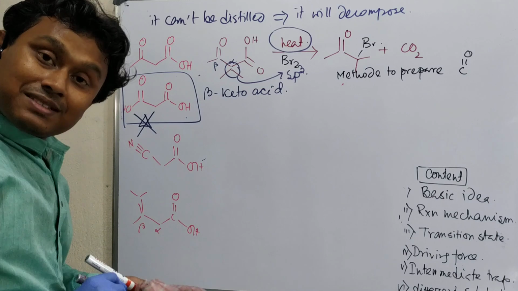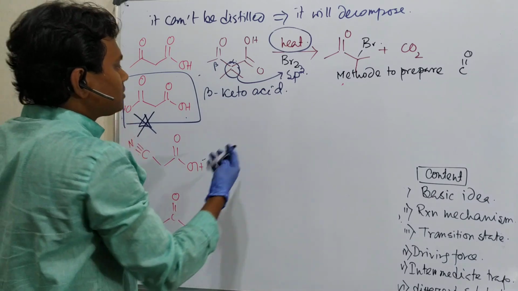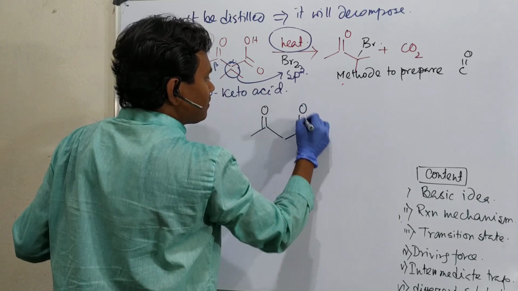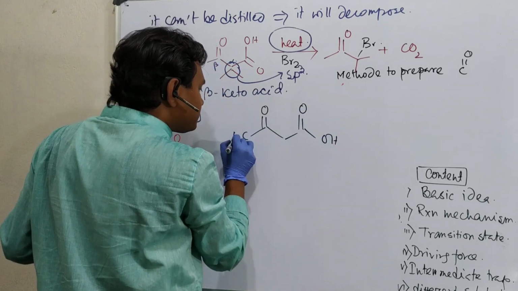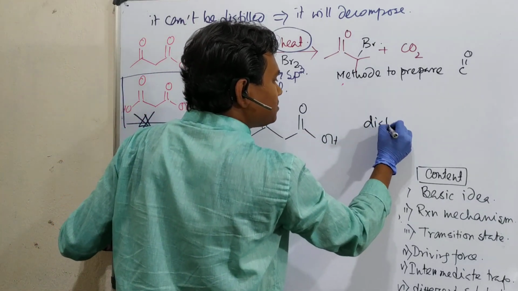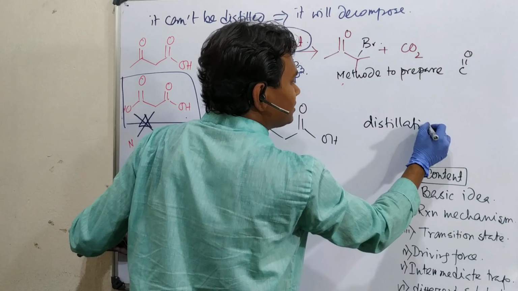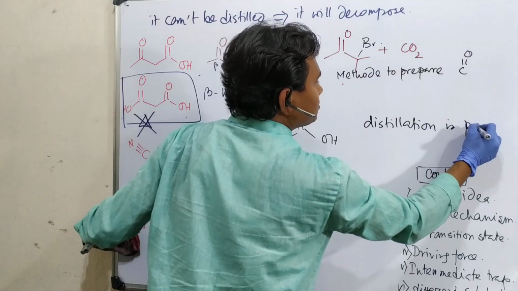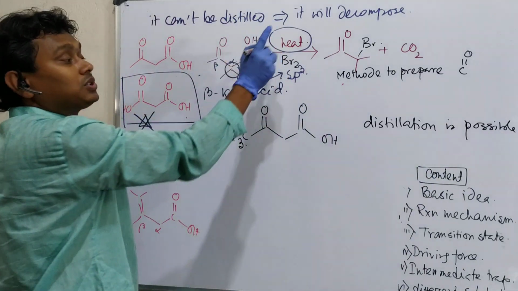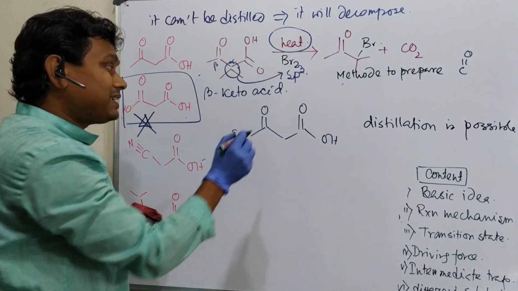But one interesting example is that if you take this derivative, CF3, then distillation is possible. Previously, distillation was impossible because it decomposes, but this is possible.